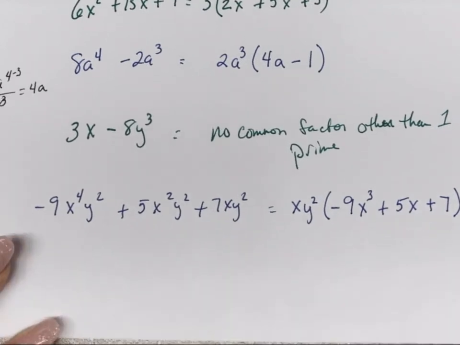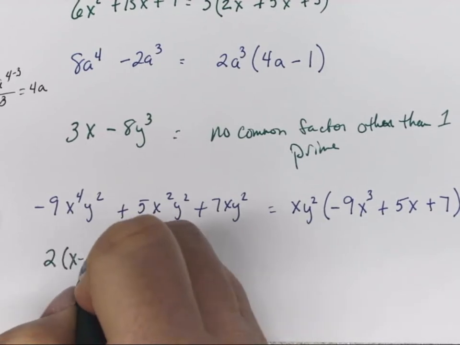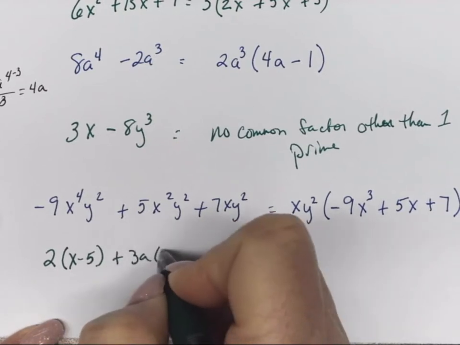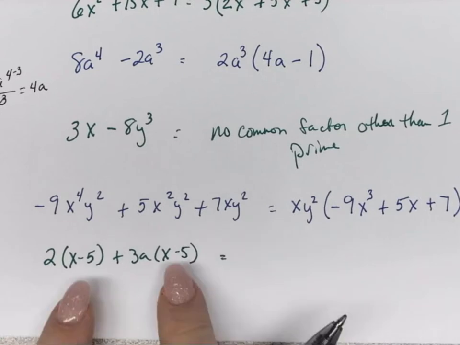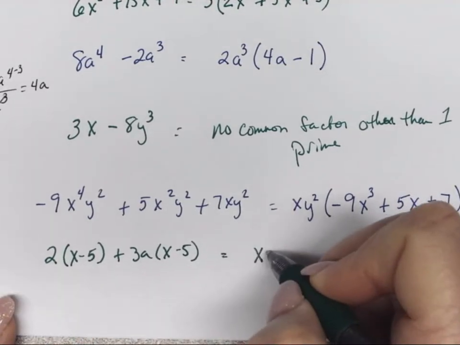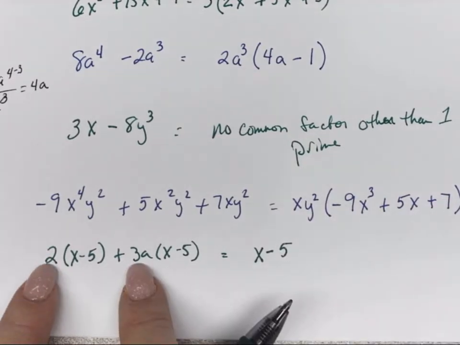All right, our next term, we have 2 times x minus 5 plus 3a times x minus 5. So we can factor out our x minus 5 because that is what they have in common. The 2 and the 3, you can't pull anything out.